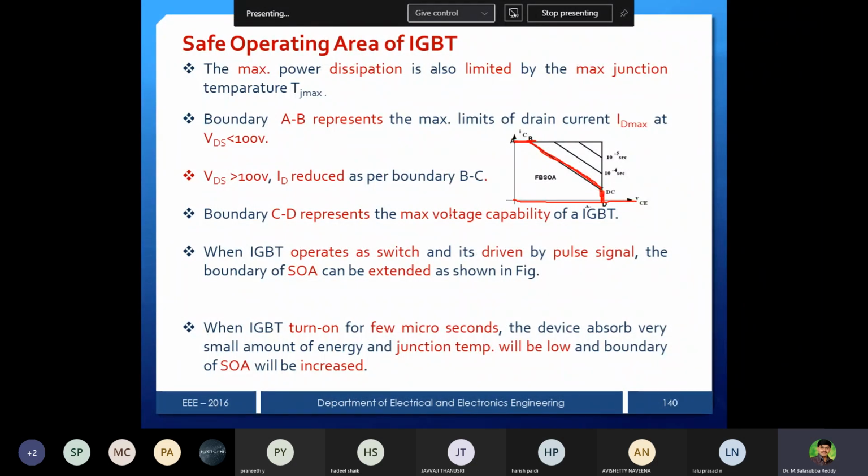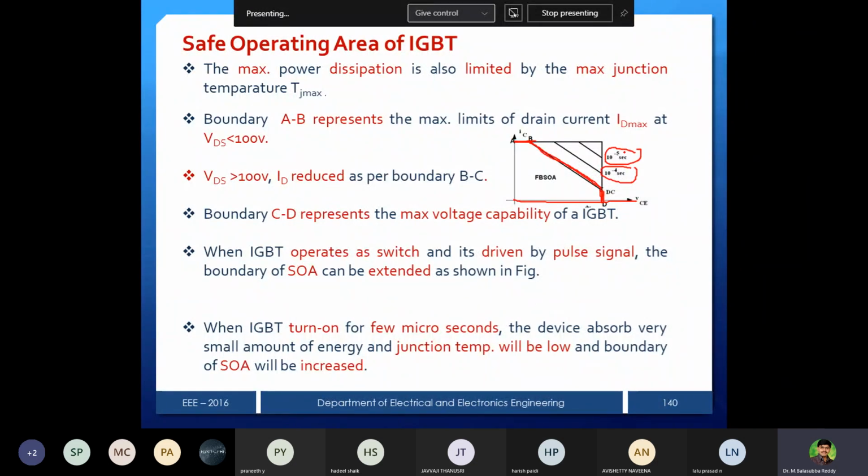When the IGBT operates as a switch, it goes through open and close operation, driven by a pulse signal. To turn on, we give a pulse signal, and the boundary of the safe operating area can be extended. Why? Because of the short time duration, the boundary is extended a little.